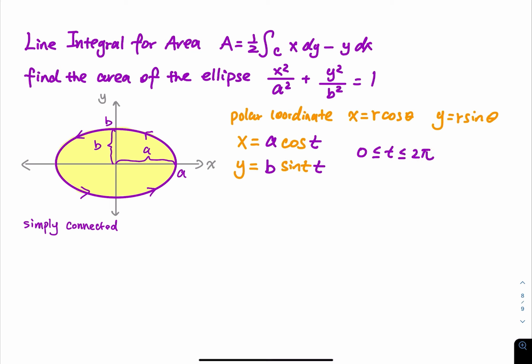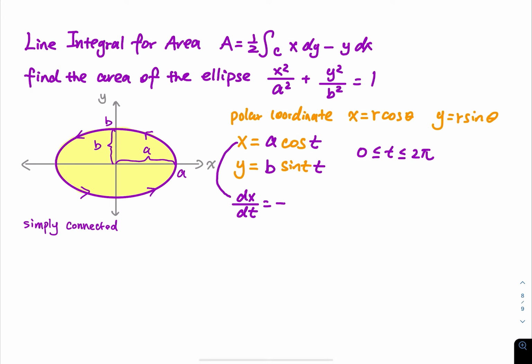All right, so how about the dy and the dx? For the dy and the dx, you will have to differentiate x equals and y equals. So if we differentiate x with respect to t, what do we get? The derivative of cosine is negative sine.